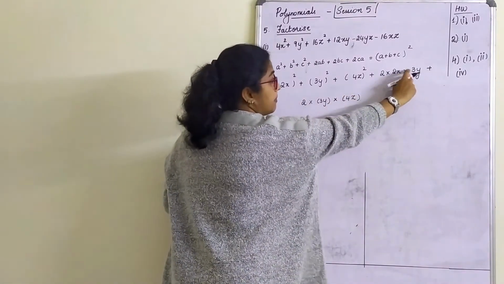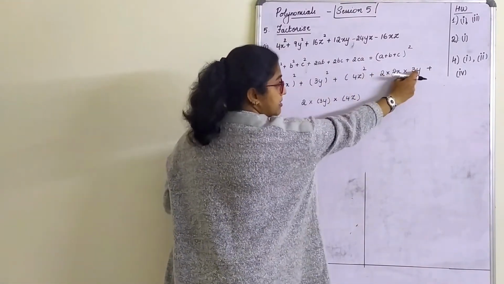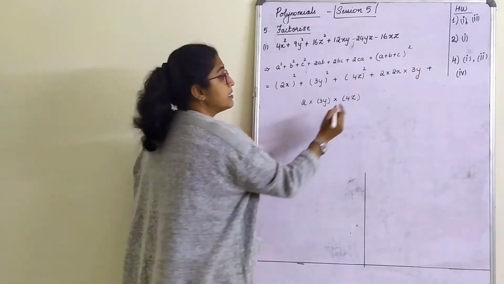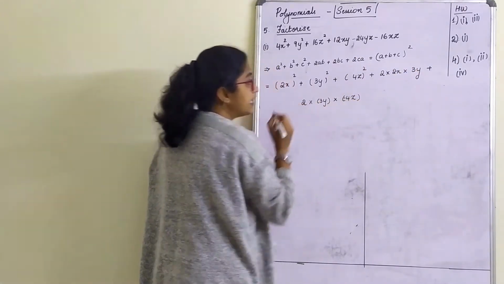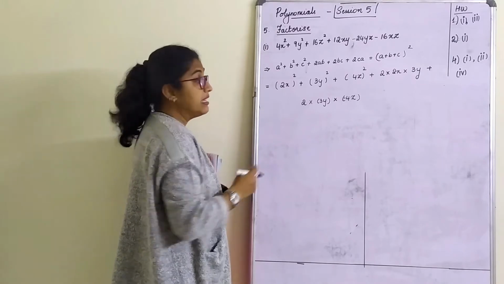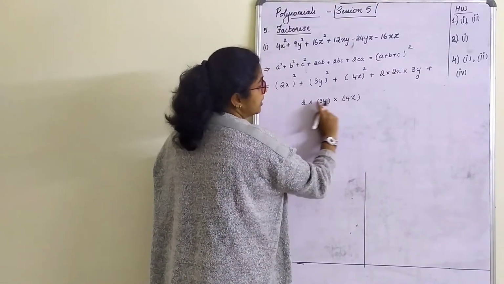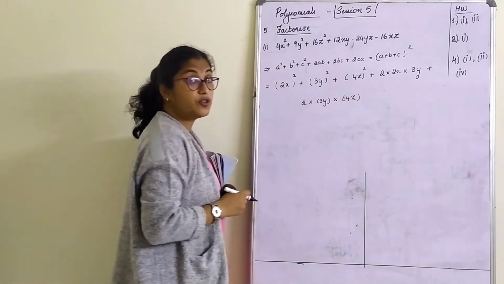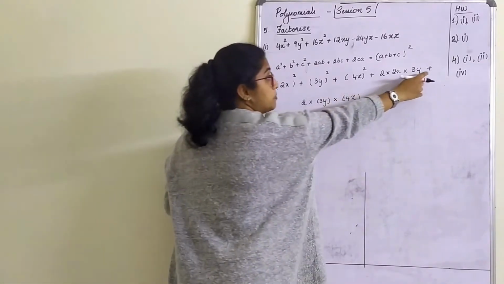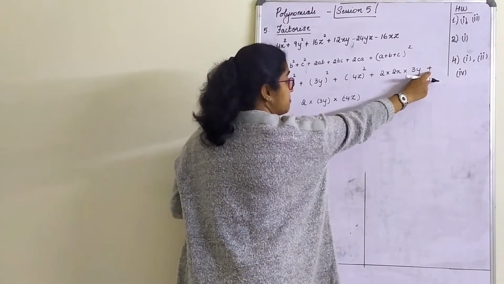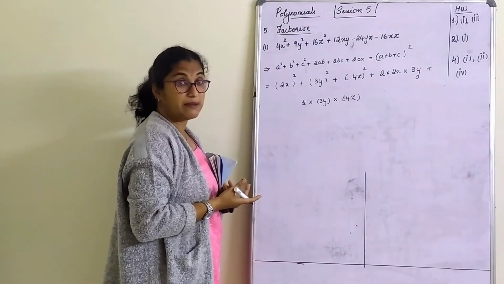But this is not minus because a is not minus, b also is not minus. That means c has a minus sign. That is why it is 2 into 3y into 4z. 2 3s are 6, 6 4s are 24. Do not put minus sign here, okay? Why? Because minus and minus will become plus at that point of time.